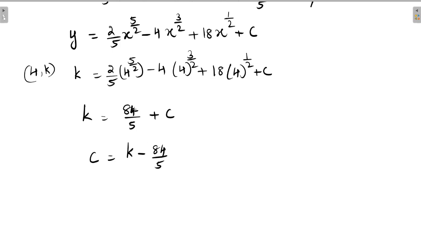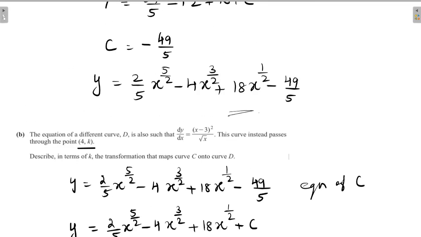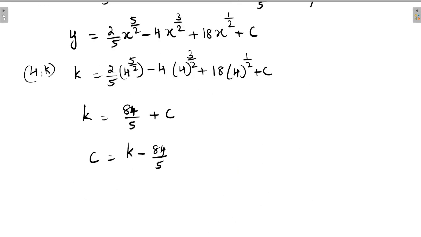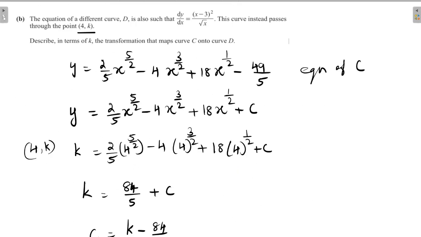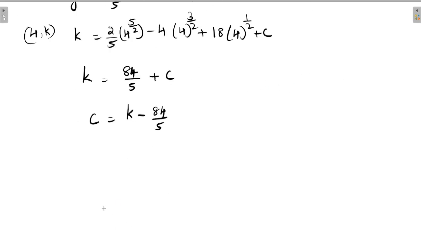After finding the constant term, we find the transformation, described in terms of k. The transformation maps curve C onto curve D. So let's find the difference between the two constant terms.